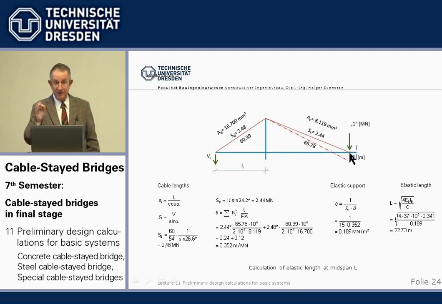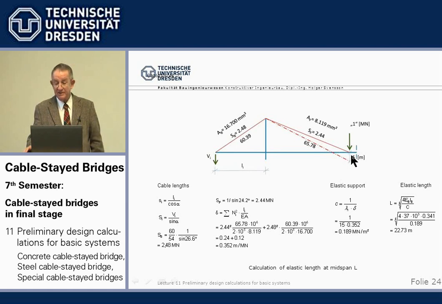In order to calculate the elastic length, we need to calculate the deflection at the point we are looking at. It's not constant. And how do we calculate this deflection? By placing a unit load 1 onto this point and coupling it with the unit force 1.